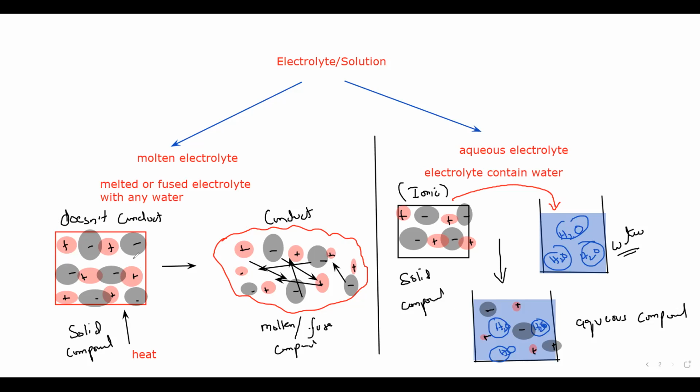When you have a solid compound, if you supply heat energy, it will dissociate into ions. That's called a molten electrolyte. There is also another way to break the ionic compound: by adding it to water.